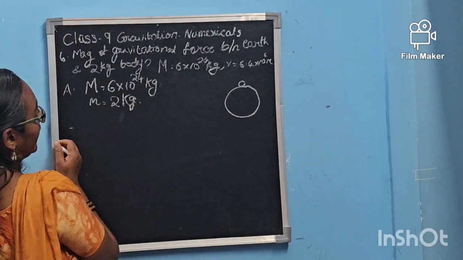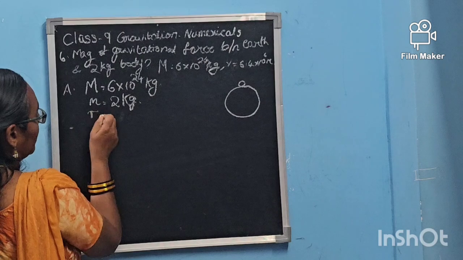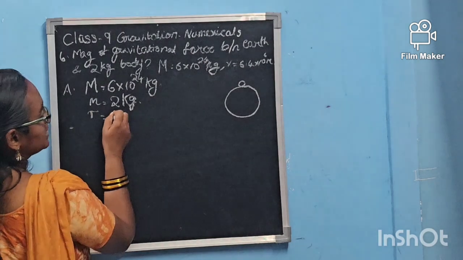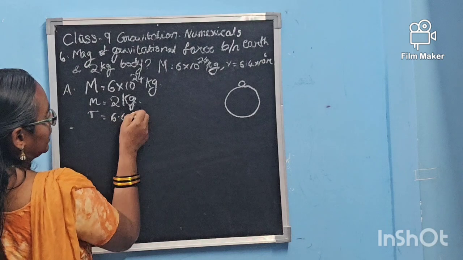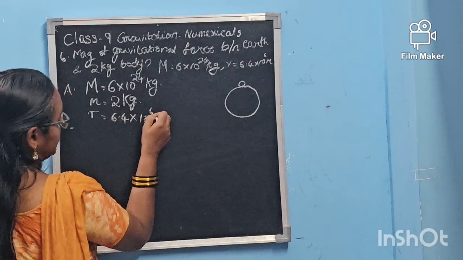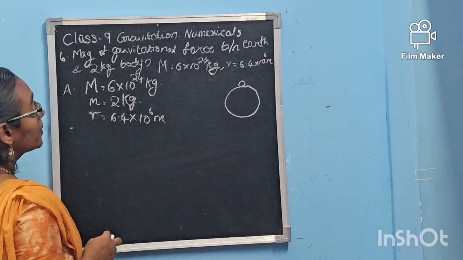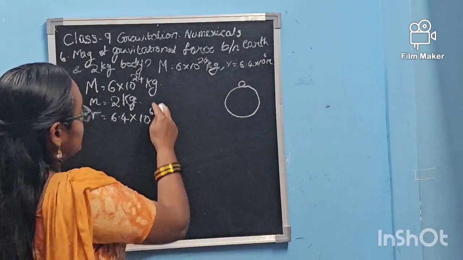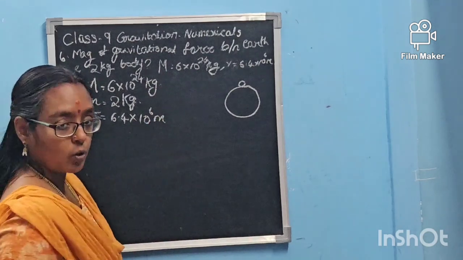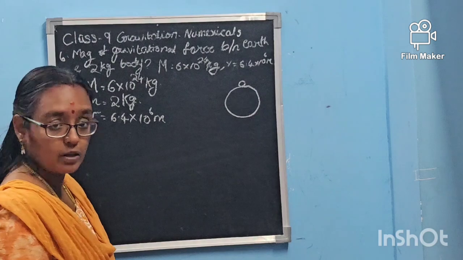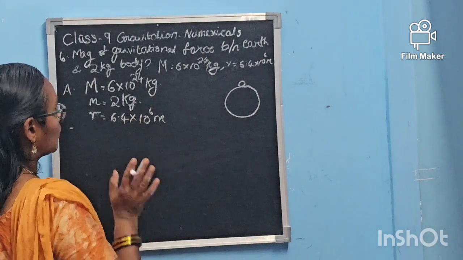And radius of the earth R is equal to what? 6.4 into 10 raised to 6 meter has been given already. Is there any change or sign conversion to be made? No need. Everything is in proper form.